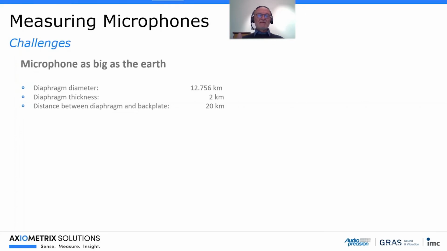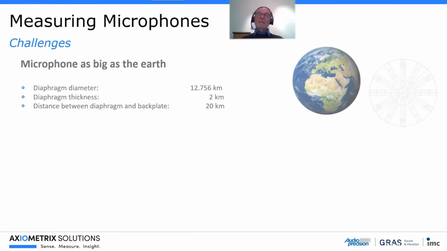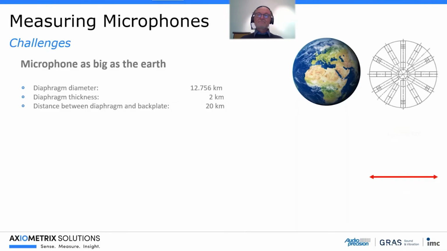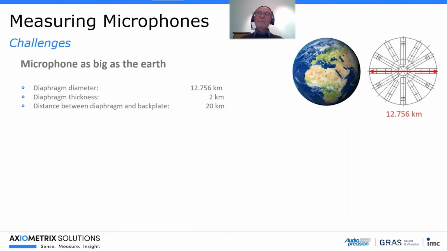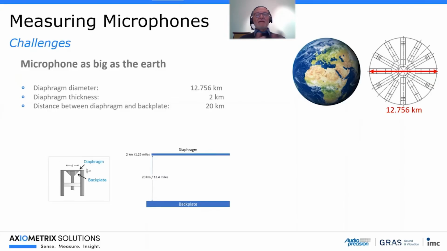The distance between the diaphragm and the back plate would be 20 kilometers. So that's a drawing here: a 2-kilometer-thick diaphragm, 20 kilometers between the back plate and the diaphragm.